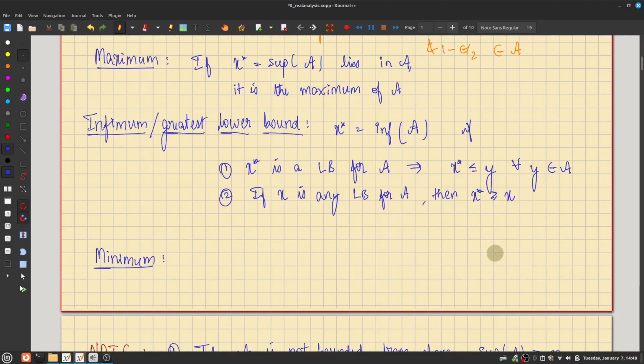And as we had in the case of the maximum, if the infimum lies within A, then we say that this x star is the minimum of A.